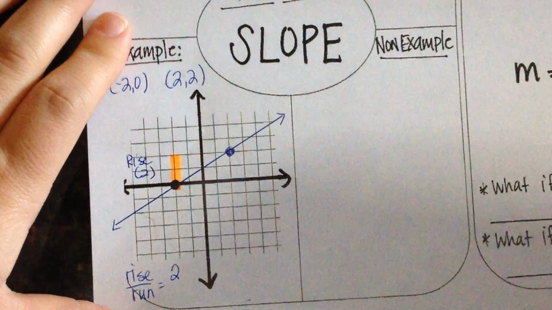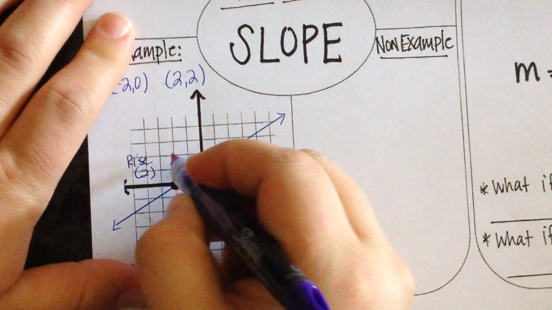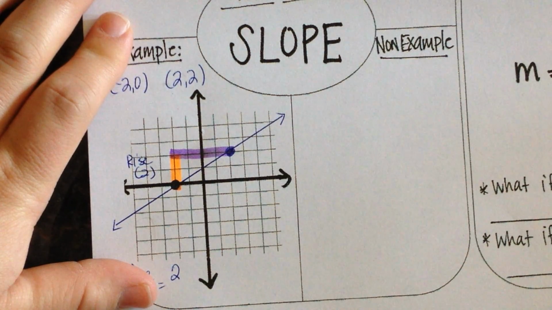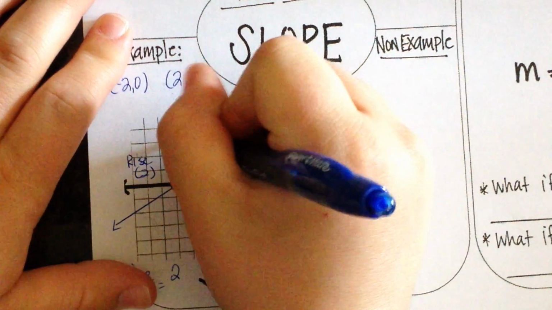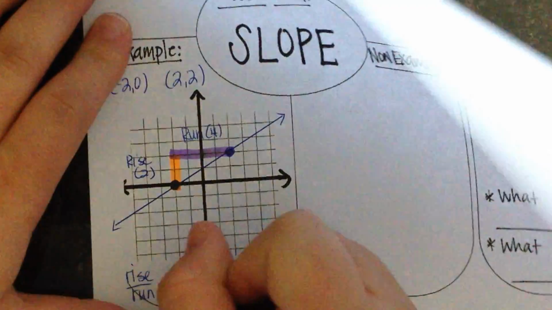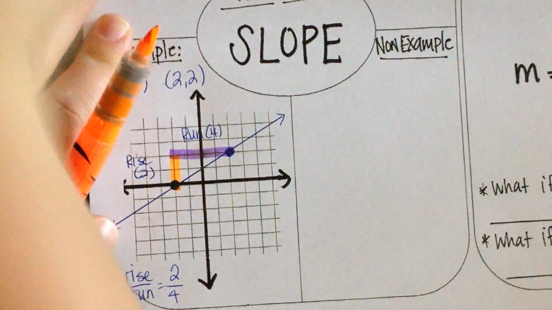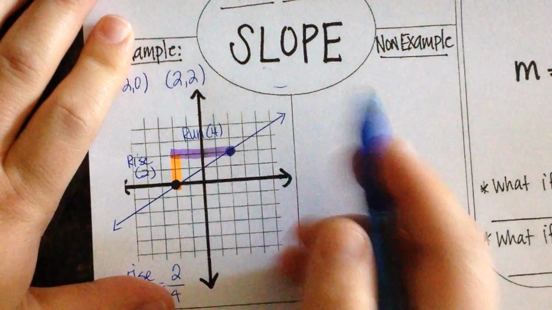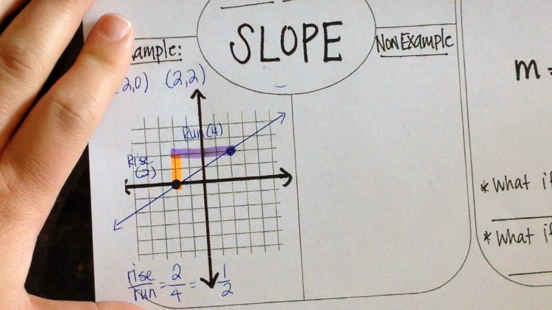My run would be from this point over, and that is 1, 2, 3, 4 units. So 4 would be over here. Now, 2 over 4 we can reduce. We probably could have chosen some smaller points in between, but my slope would be positive 1/2.